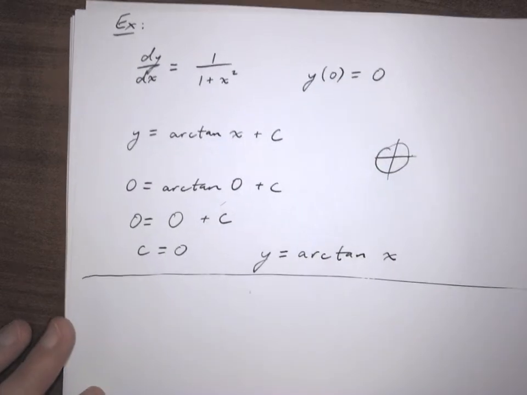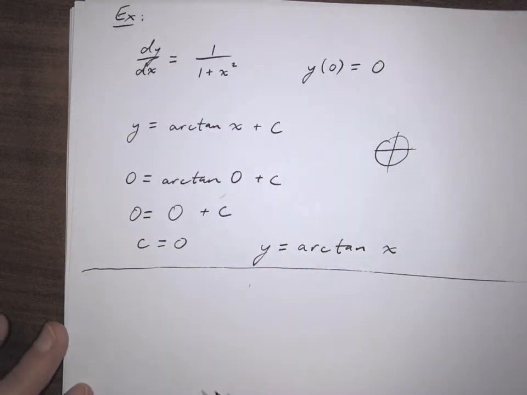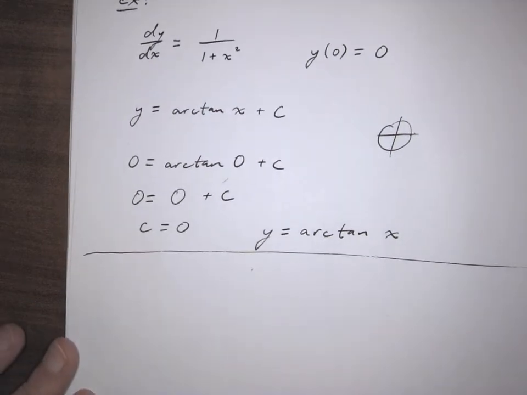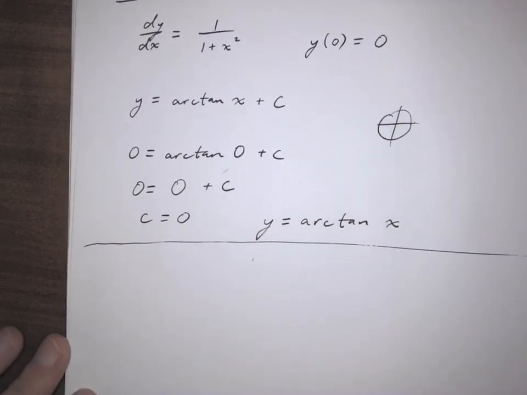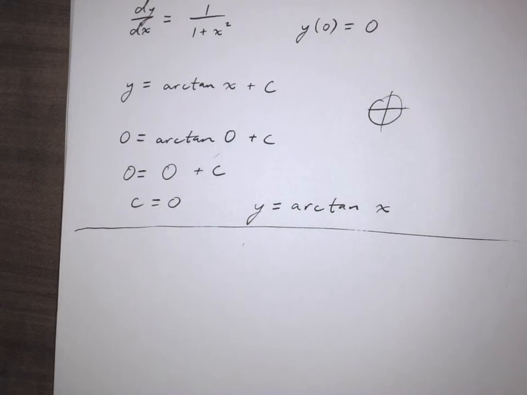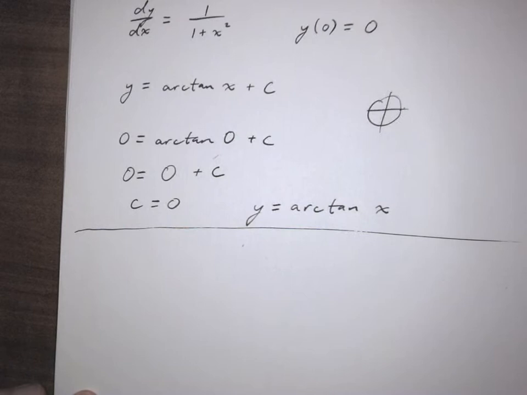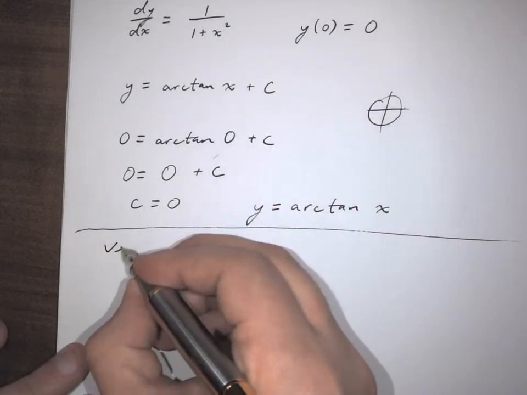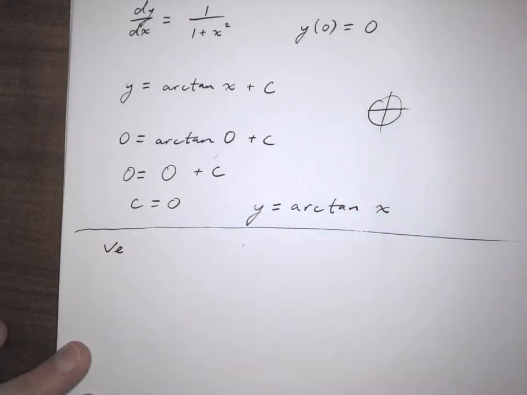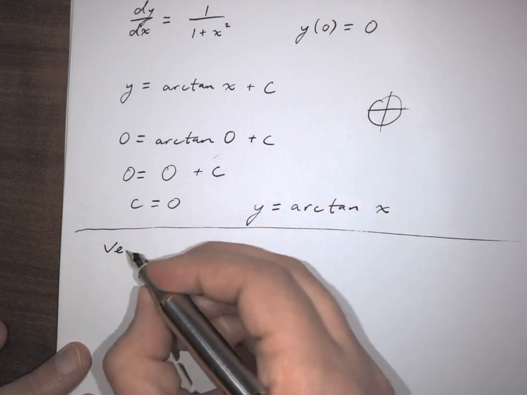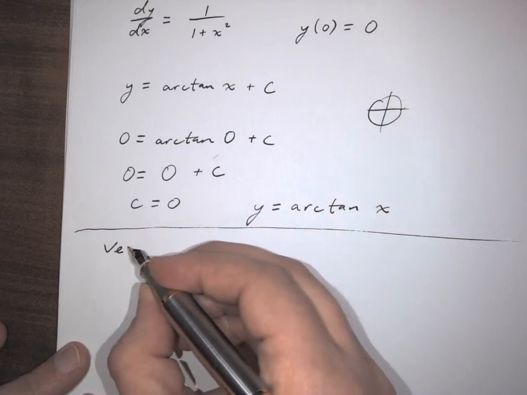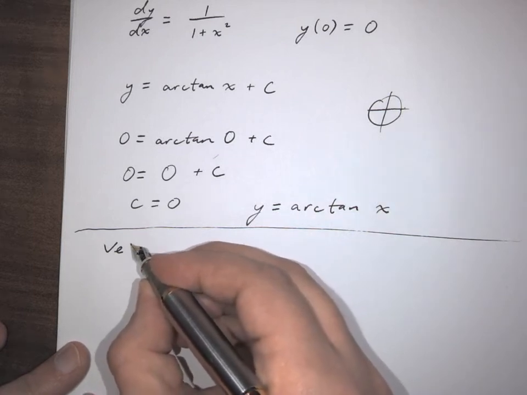Now, let's look at a very specific and fun application of this, which is coming to you from the world of physics. All of the best examples in differential equations tend to come from physics or some related field. And in particular, let's look at the whole family of functions that we get related to velocity, acceleration, position, and so on.